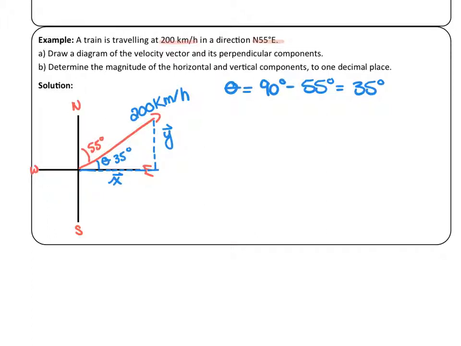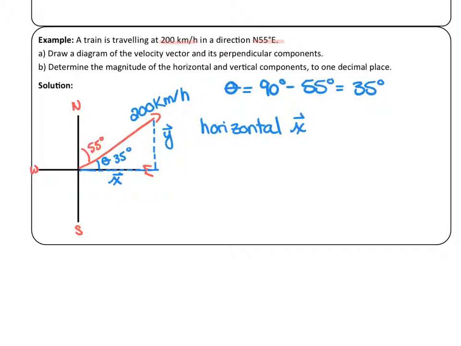So to finish off part B, we're going to determine the magnitude of the horizontal and the vertical components to 1 decimal place. I'm going to start with the horizontal, so we're going to find out what x is.